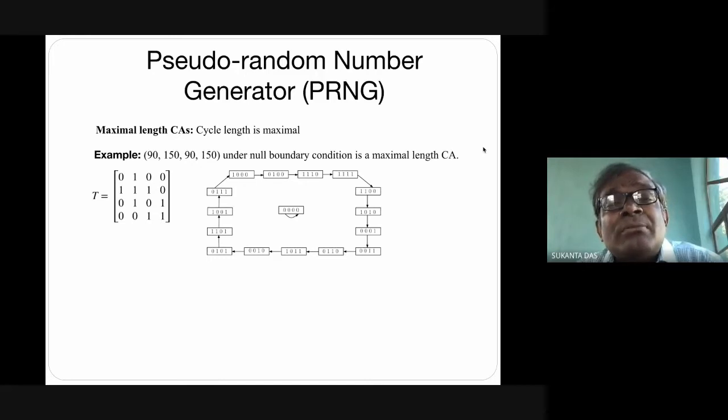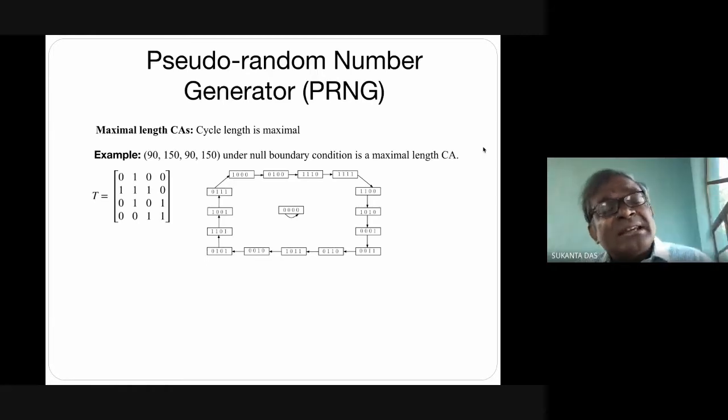So for pseudo-random number generation by finite CA, we need non-uniform cellular automata. There's a special type of non-uniform cellular automata that is called maximal length cellular automata. If you have n number of cells, and say for example two states, what is the size of the configuration space? 2 to the power n, right?